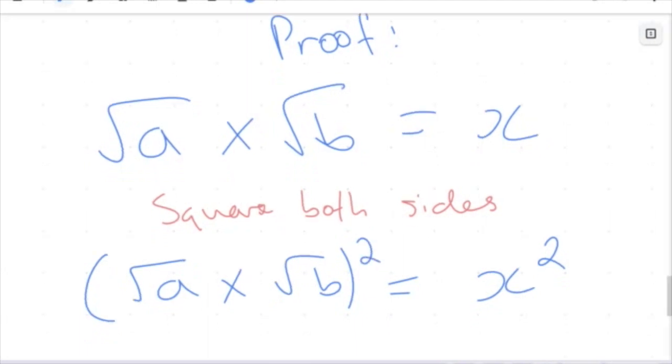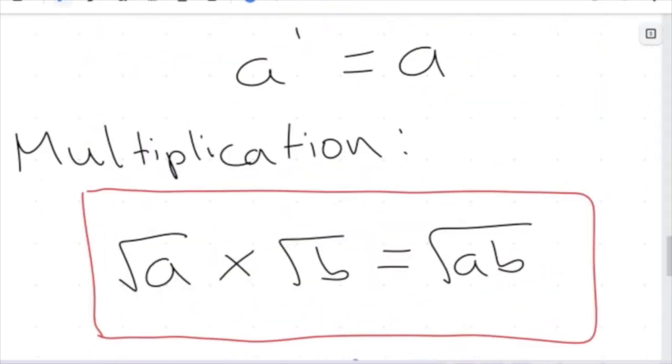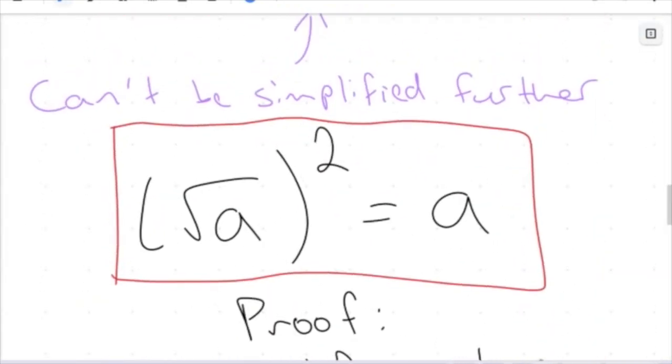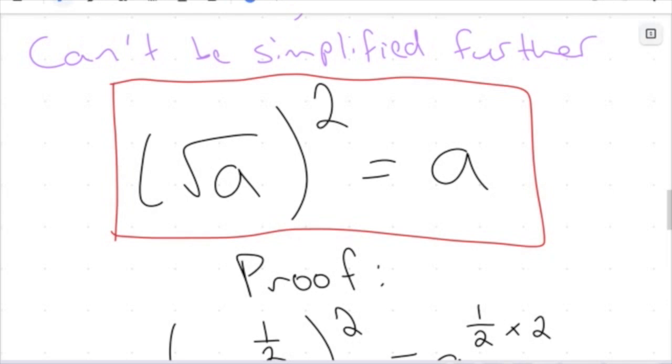From the thing on the left here, based on our previous feature of surds that we defined and proved, if I square root a number a, and then I square that, I'm going to get a back.